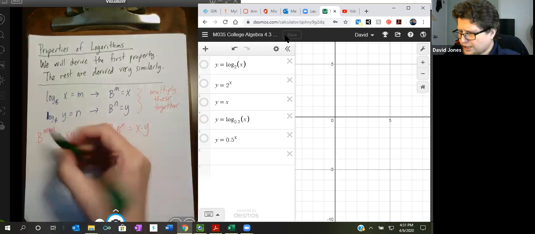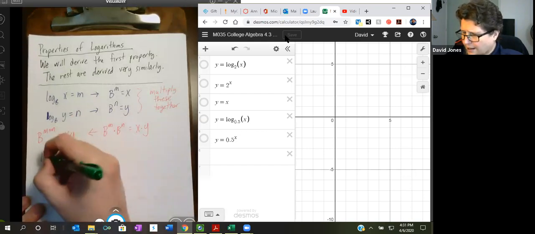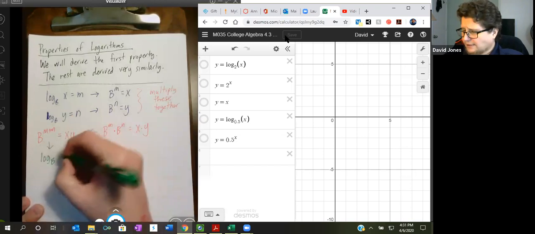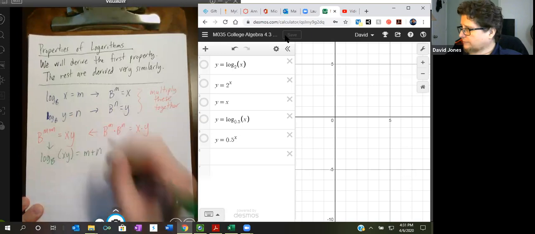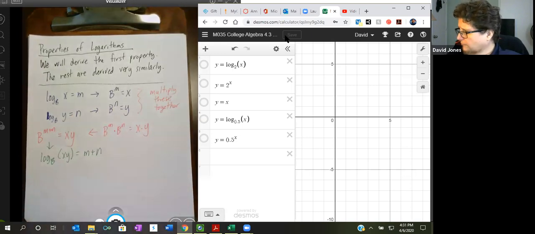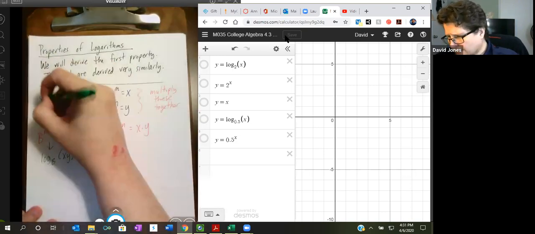And I can switch this back to logarithmic form. Log base b of xy equals m plus n. But I already have what m and n are right up here and right here.